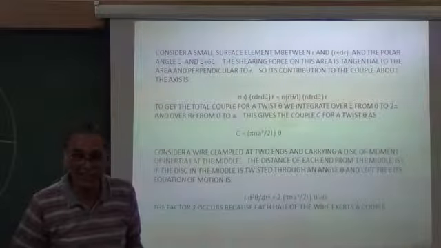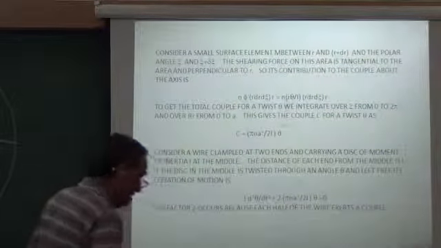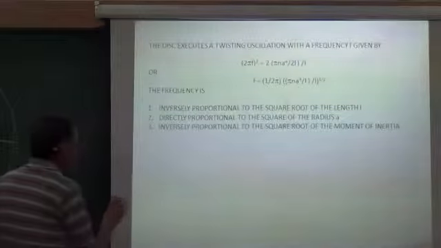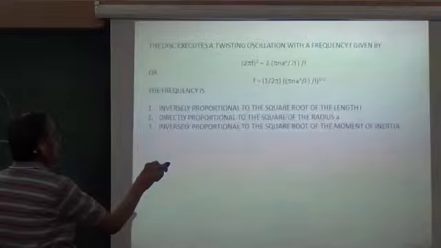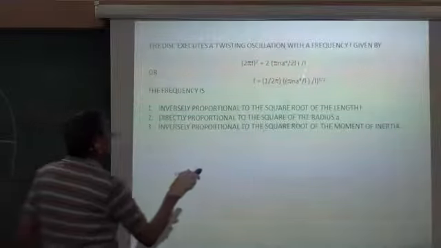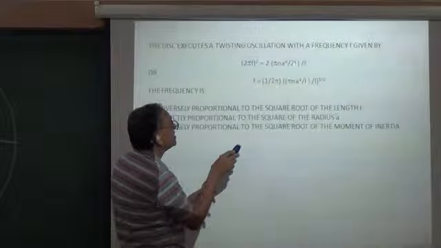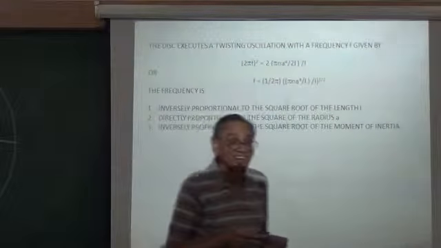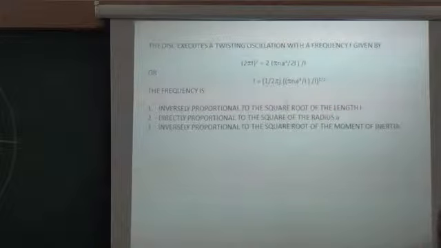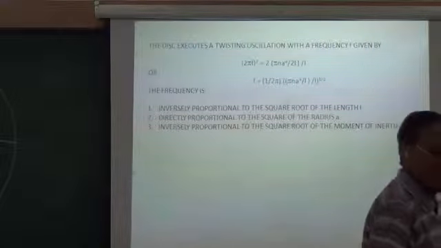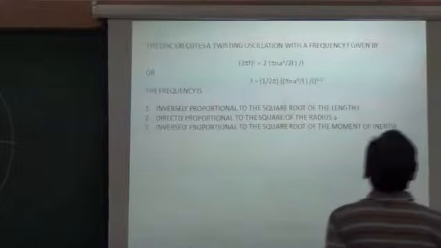Omega is 2 pi times the frequency, so omega square is 2 pi f whole square, equal to 2 into pi n r power 4 by 2l into the moment of inertia I. This is L. I put L in a script, but it has come as a symbol, as an ordinary letter.